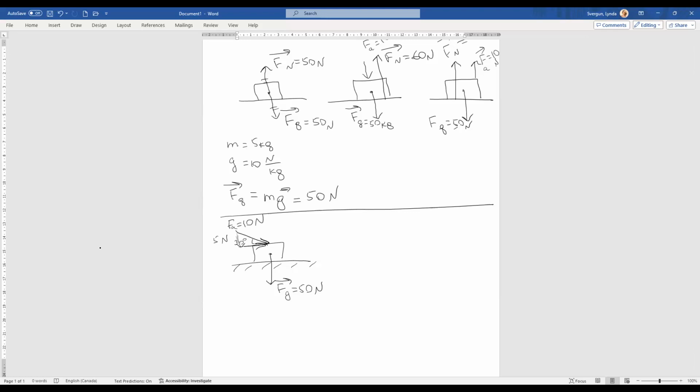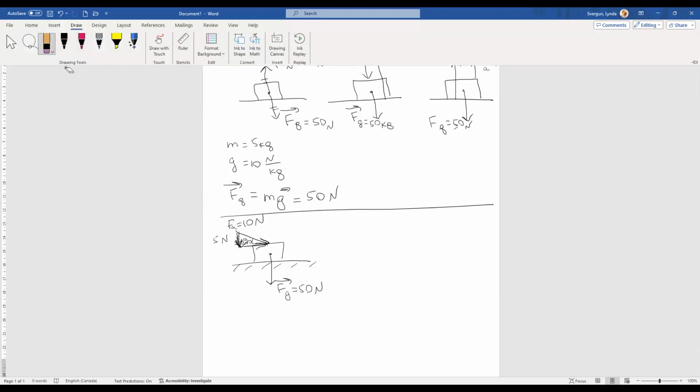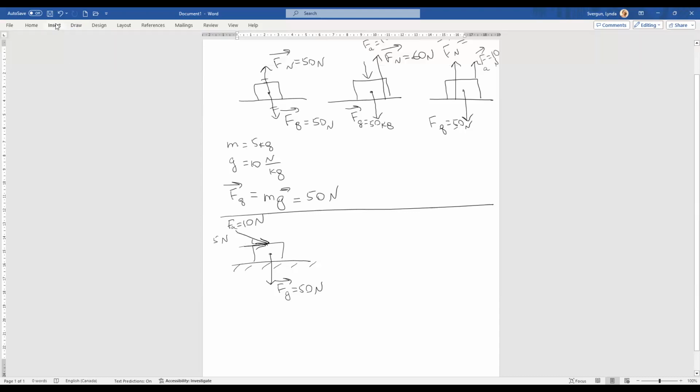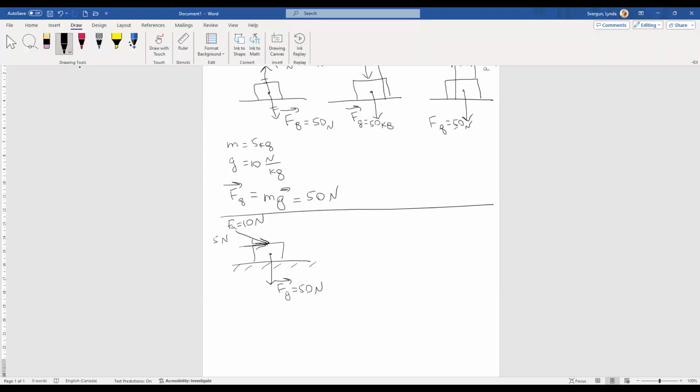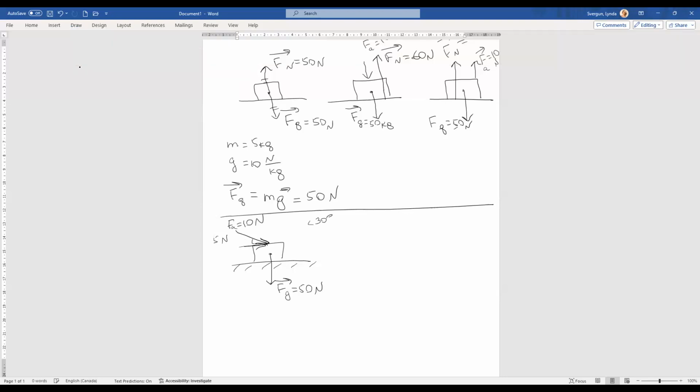So now you have two forces down. The angle is 30 degrees, so the vertical component will be 5 newtons.